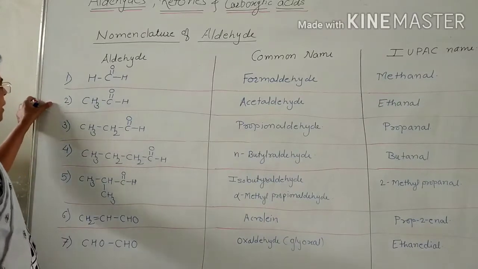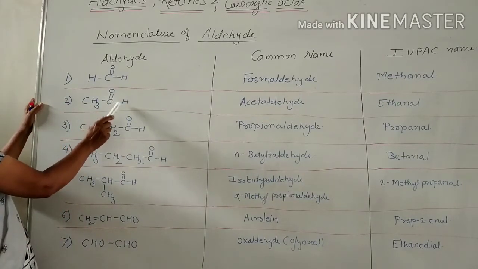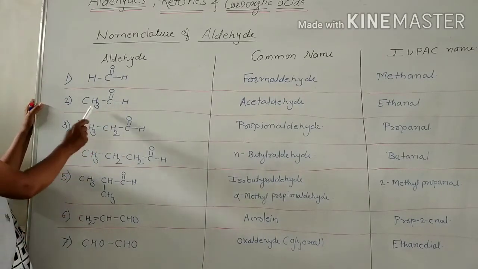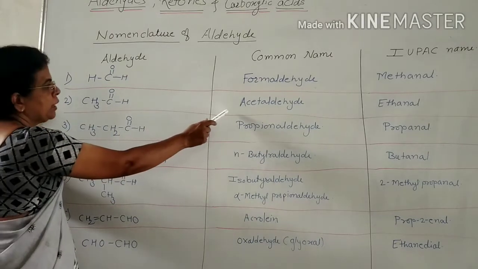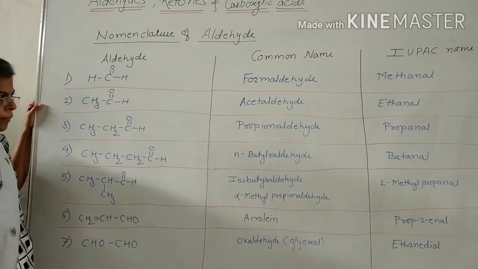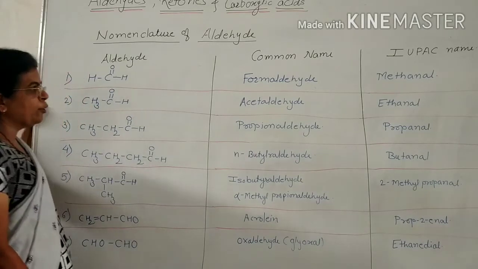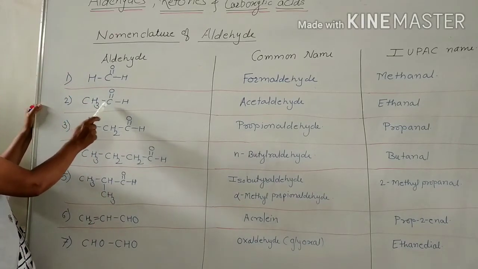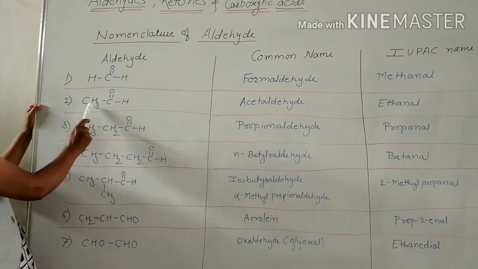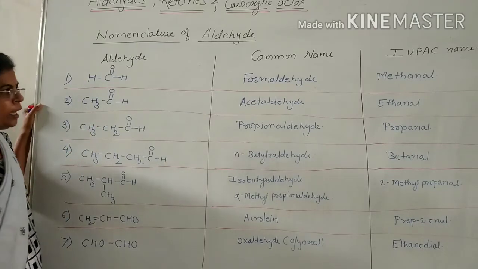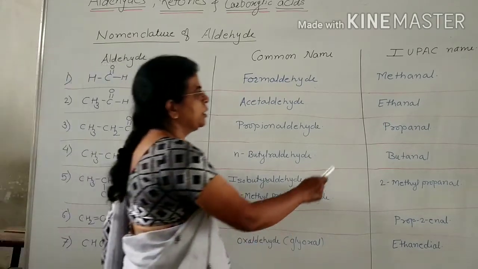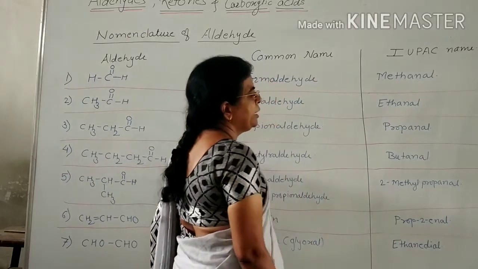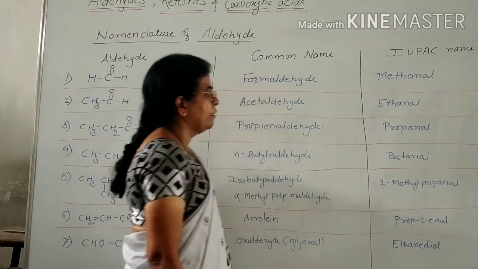Now second example, CH3 C double bond O H. The common name of this aldehyde is acetaldehyde. In the case of IUPAC nomenclature, there are 2 carbon atoms. Therefore, the parent alkane is ethane and the aldehyde becomes ethanal, ETHANAL.